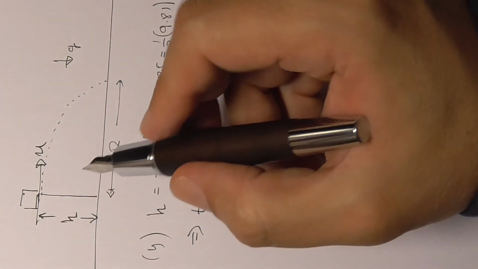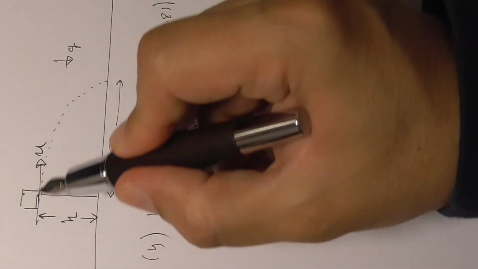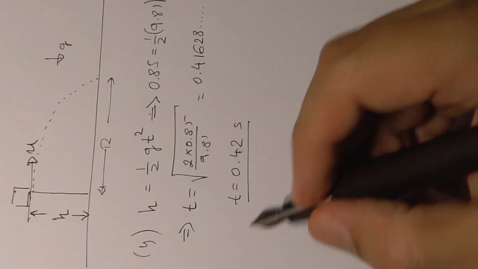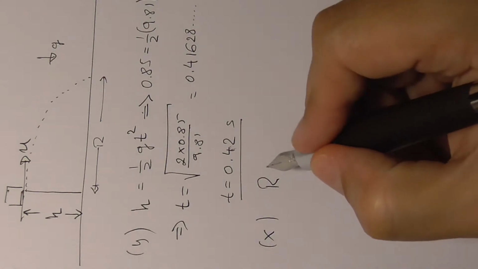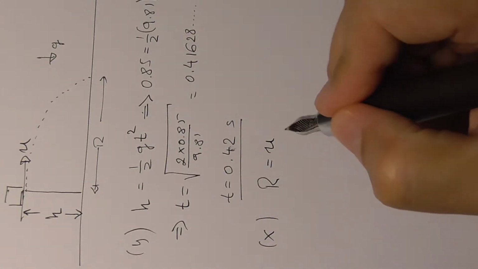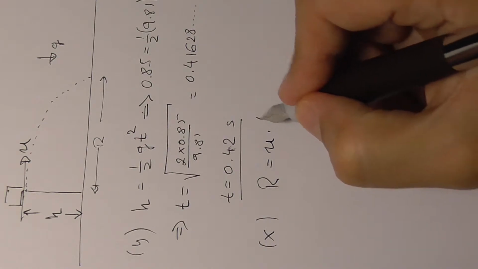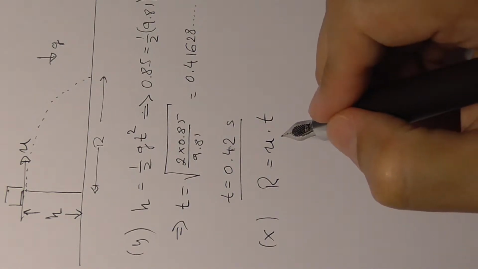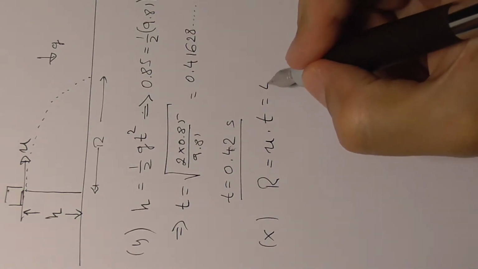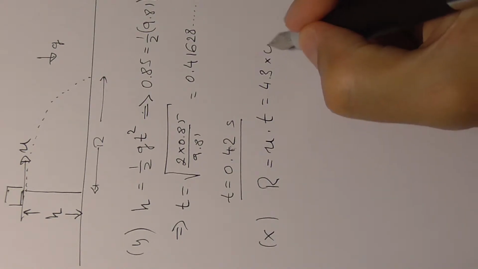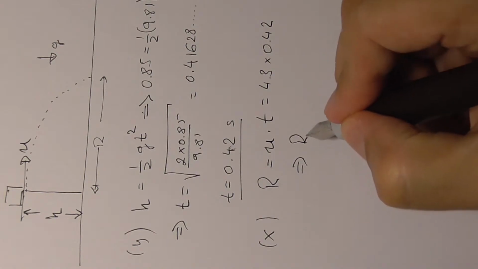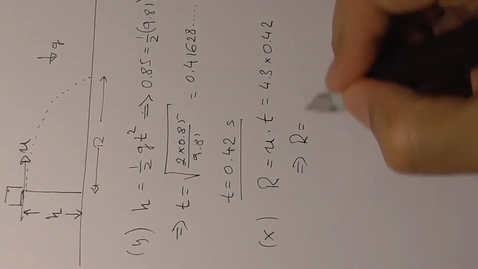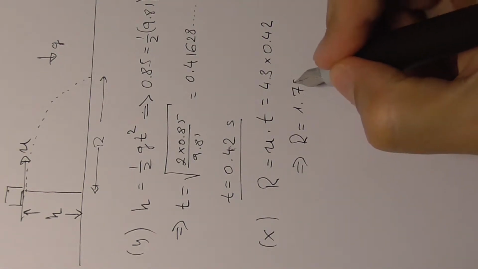And during this time, the distance covered on the horizontal axis is the range. So this is the initial speed times the time. Substituting, this is 4.3 times 0.42, and the answer is 1.79.